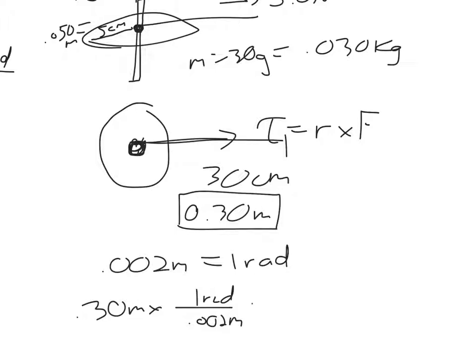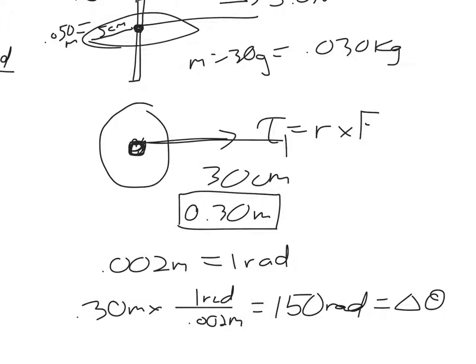And I could then figure out how many radians that circle has rotated. So what I'm doing is changing a linear distance into an angular distance. That's going to be like 300 divided by 2, I think. So I'm going to get 150 radians, and that's a delta theta. So I'm taking a linear distance and turning it into an angular distance, and we ought to be able to do that.